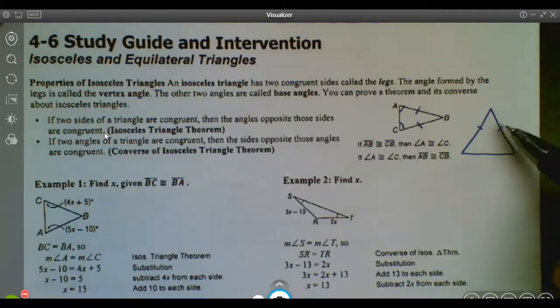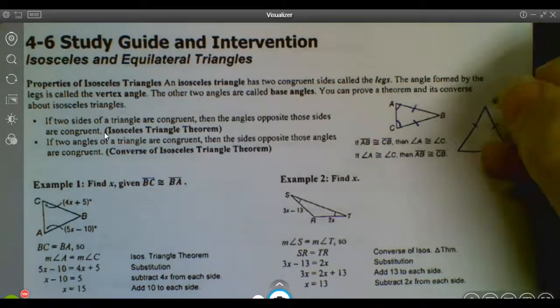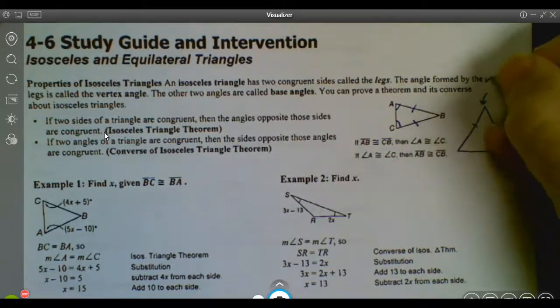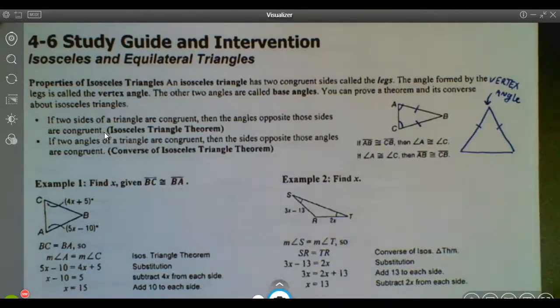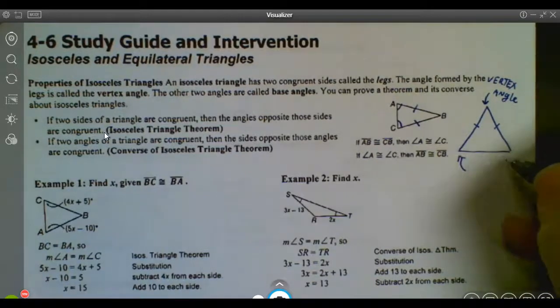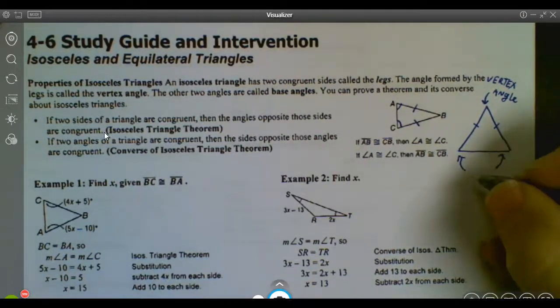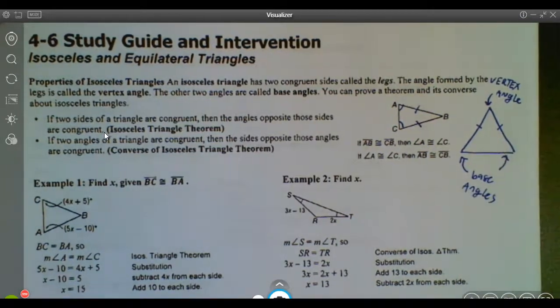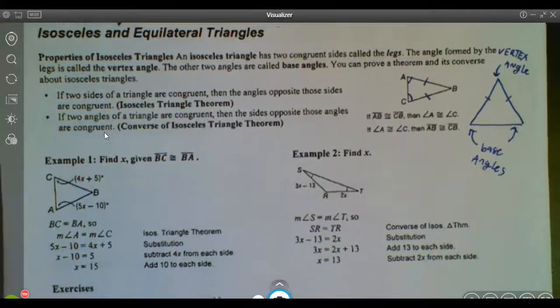So they're calling those the two legs. The angle between them is our vertex angle. And the angles across from them are called our base angles. All right, so that's what we're getting out of this.